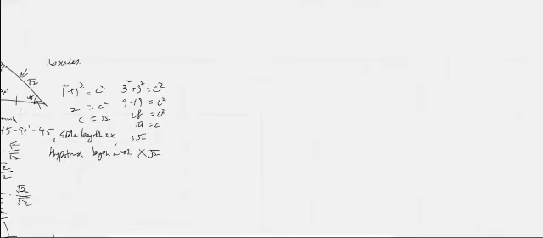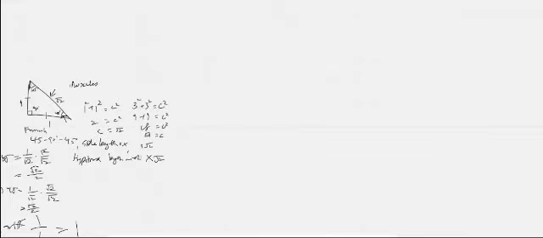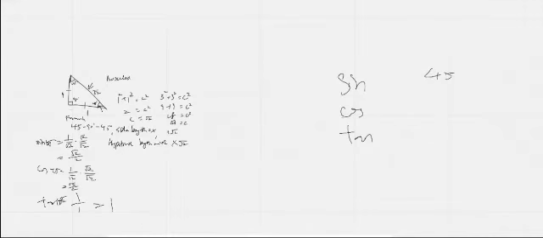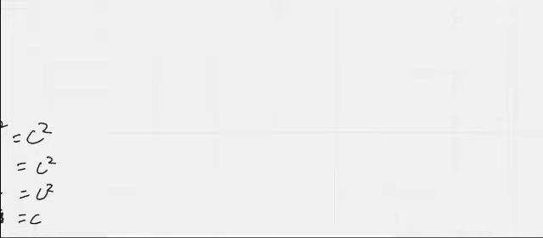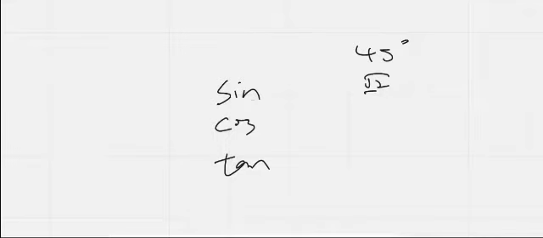So now we know that sine, cosine, and tangent of 45 degrees are root 2 over 2, root 2 over 2, and 1.